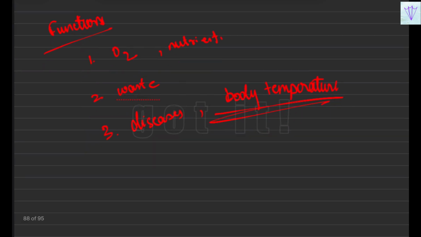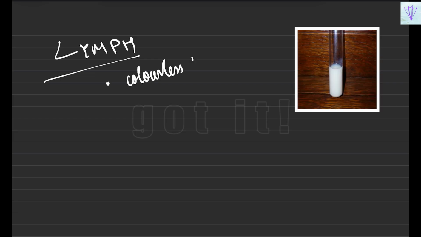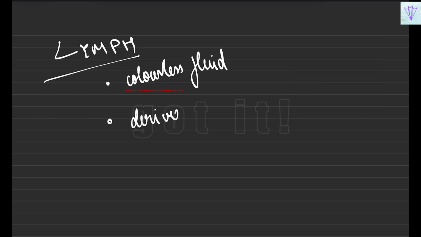Now moving to the lymph part, which forms the second part of the fluid connective tissue. It is a colorless fluid, and it is derived from the blood plasma itself, and it will contain the lymphocytes.